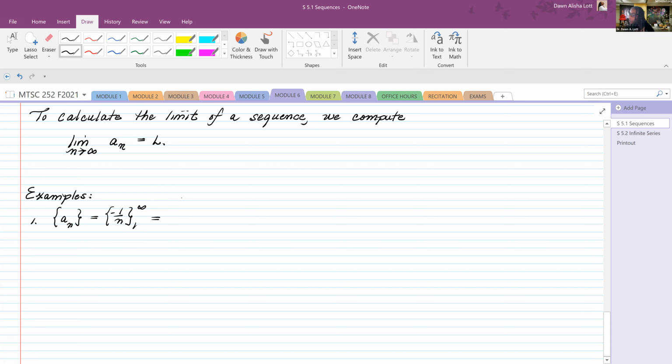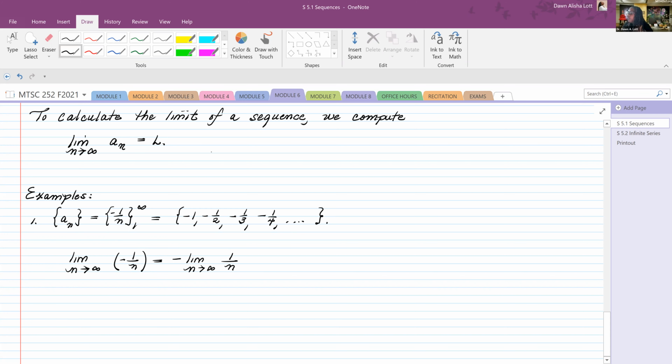So what does that sequence look like? It looks like minus 1, minus a half, minus a third, minus a fourth, etc. Then I'll compute the limit as n approaches infinity of minus 1 over n. I can pull the negative out and get the limit as n approaches infinity of just 1 over n.